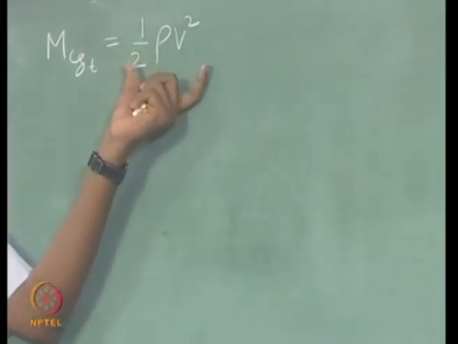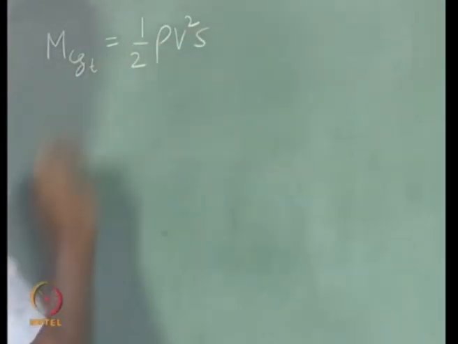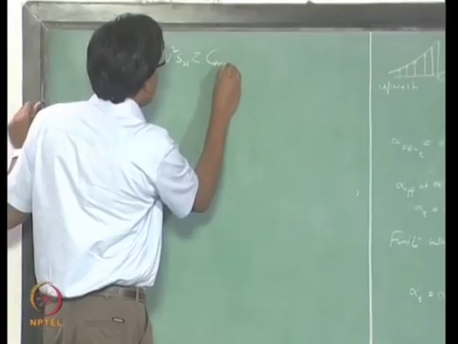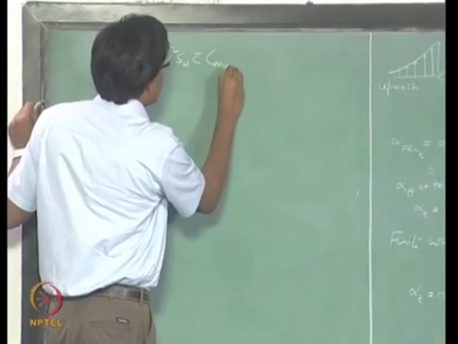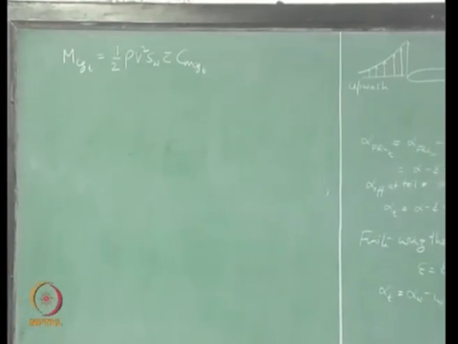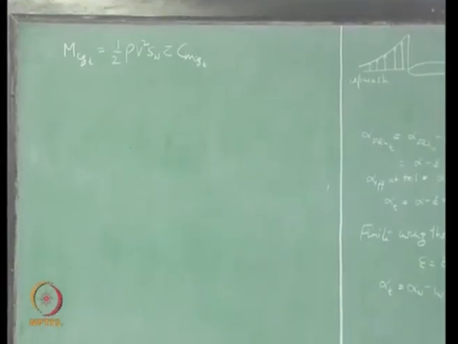So, half rho V squared S W C bar, which is the mean aerodynamic chord of the wing, and Cm Cg tail, right? Is it clear?